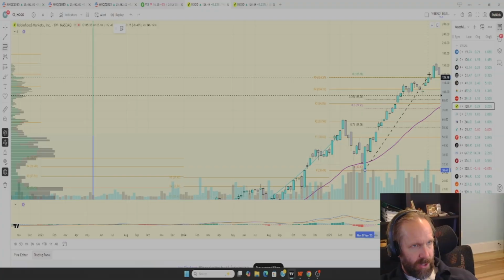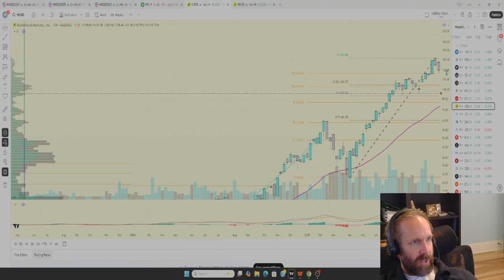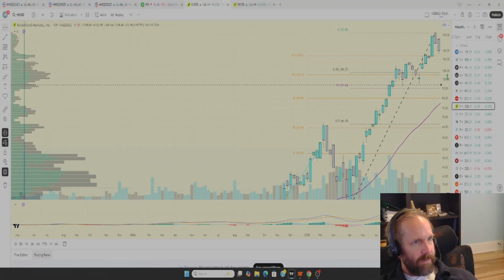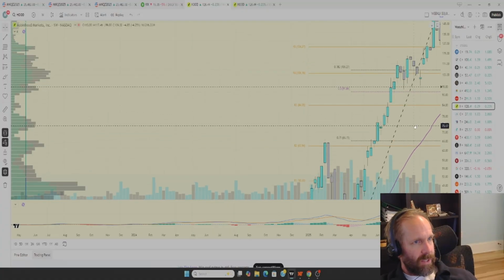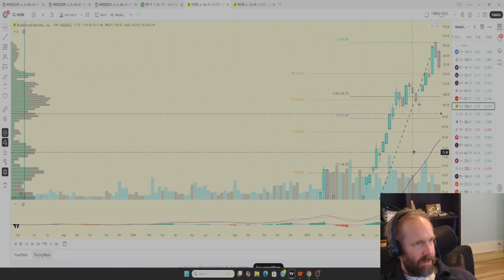Now, what would you do? You would attach it to the top of what might be the beginning of the bearish retracement. Okay, and that's going to give you certain levels. I'll show you. There's what they call a 38.2 level.